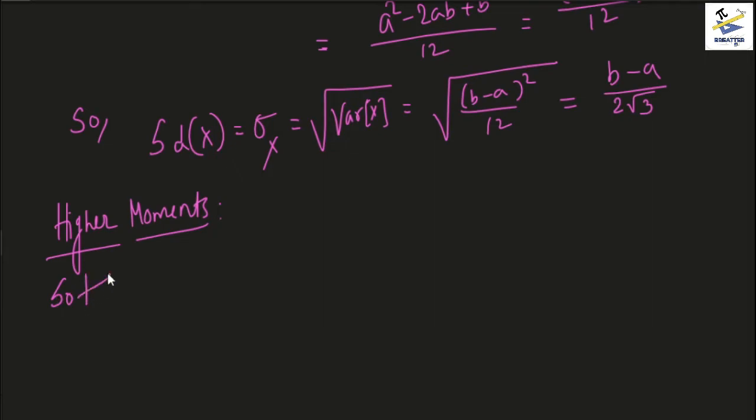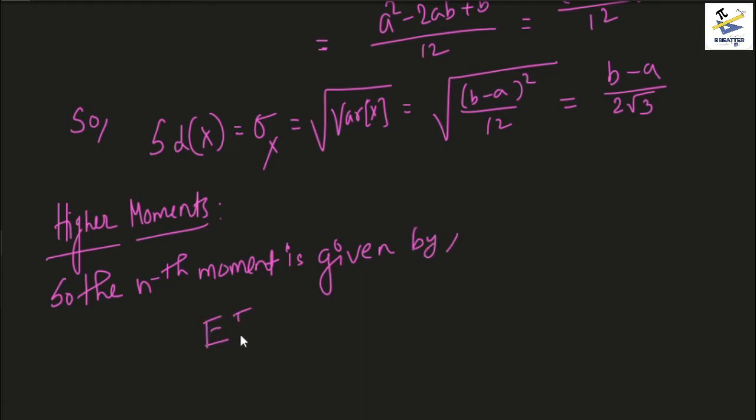So the nth moment is given by E of X to the power n equals integral from a to b of x to the power n by b minus a dx.